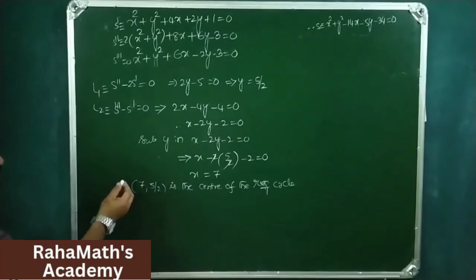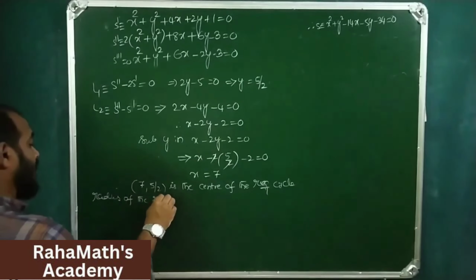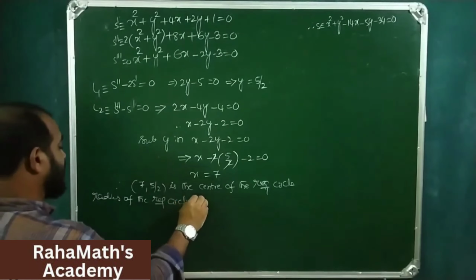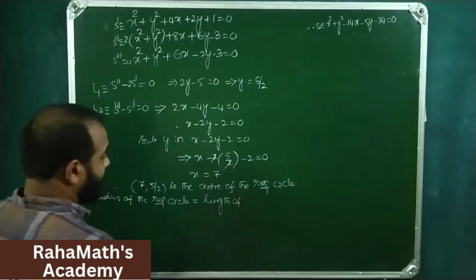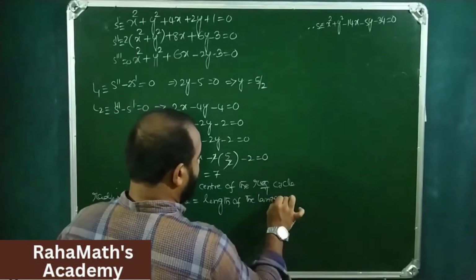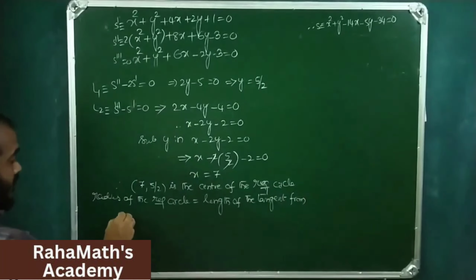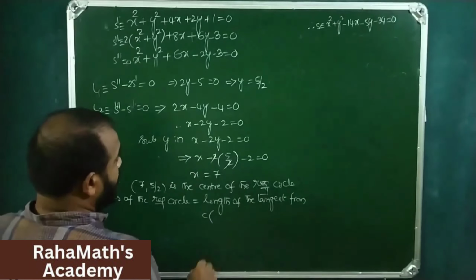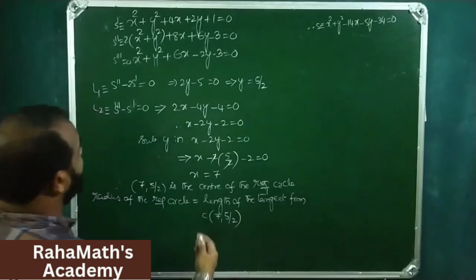Now, to obtain the radius, the radius of the required circle is equals to the length of the tangent drawn from center C, 7 comma 5 by 2, to any circle.